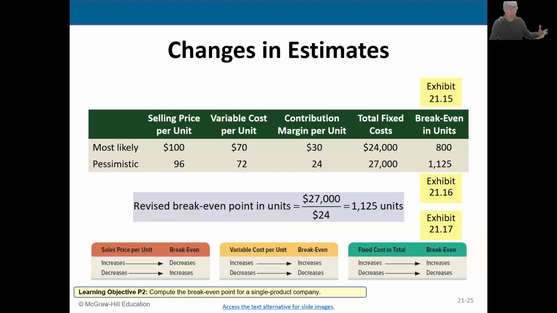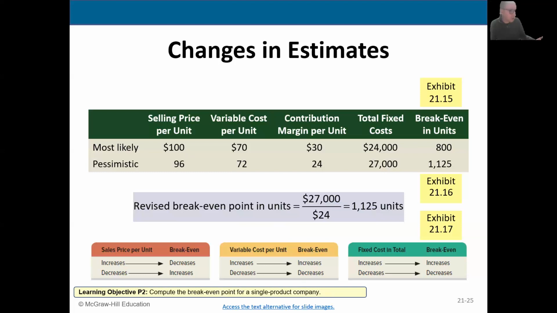But you can see how this process can be used if you're selling more or less, or the prices are different, or fixed cost is different. You could run out different scenarios. That's what I'm trying to tell you. The formula doesn't change. The process is the same.